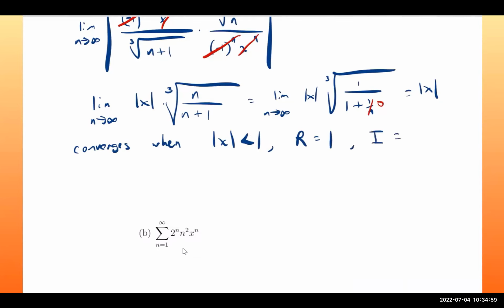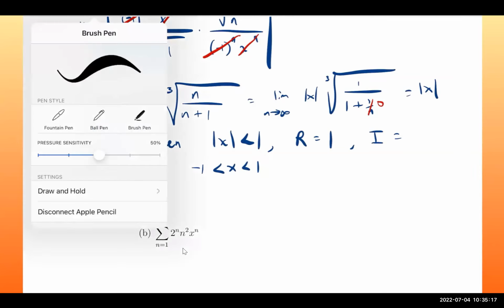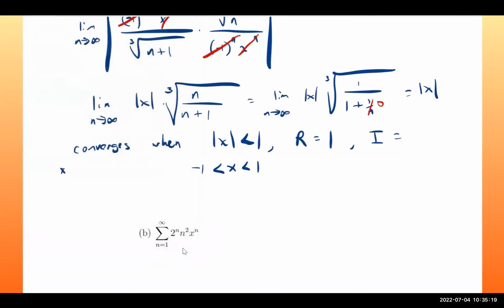The interval of convergence: this inequality can be written as x is less than 1 and greater than -1, which means we still have to check the two endpoints. In order to check them, we have to plug in -1 and also +1.